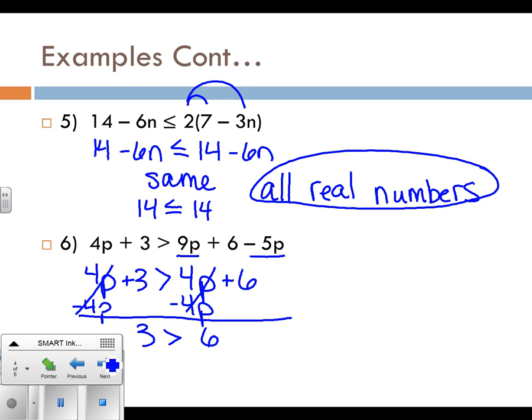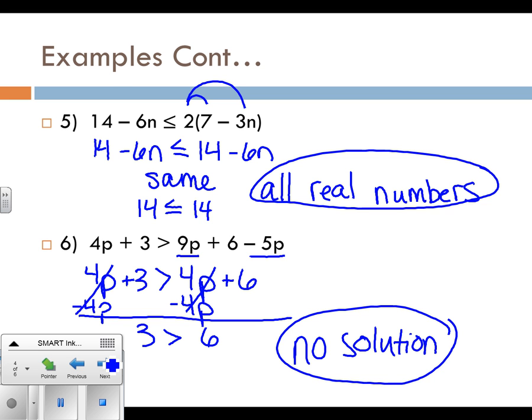And we know that that's not the case. So we know that no matter what we put in for p, it simplifies to something false, and 3 is not greater than 6, so we write no solution, because that's not true. One other quick thing, I don't know if I noted this up here, because it's less than or equal to and it's the same on both sides, we know that it's always going to be equal to.